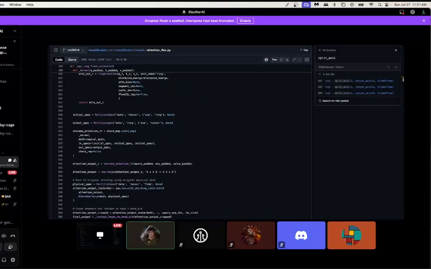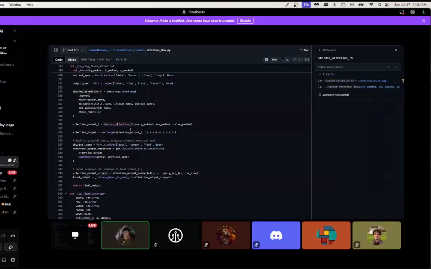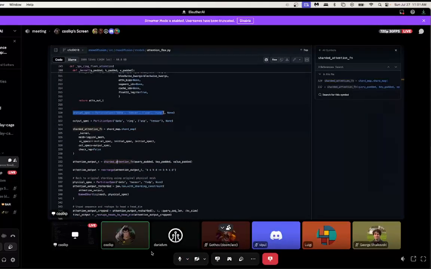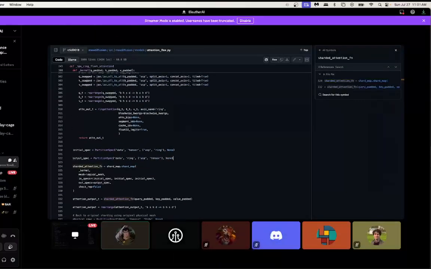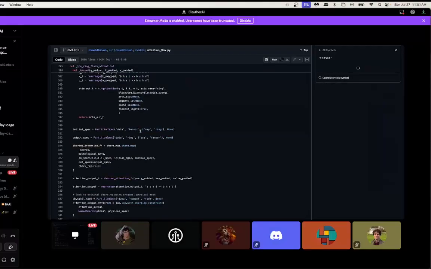Not that complicated. And then that's it actually. I invoke this, and I specify the shardings, or how we are sharding. A slightly interesting part here is that we have the USP and the ring combining to form the sequence dimension as the initial spec.